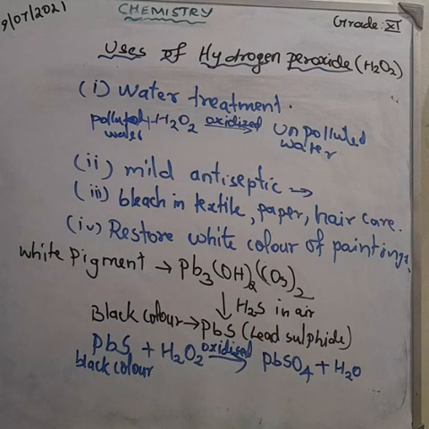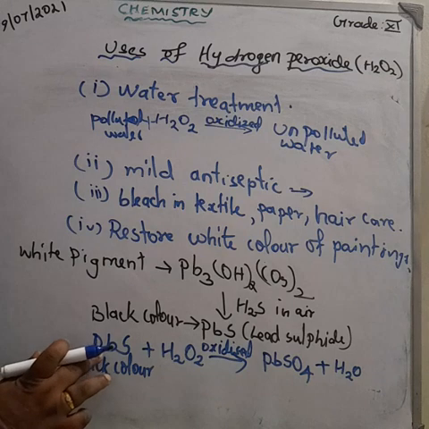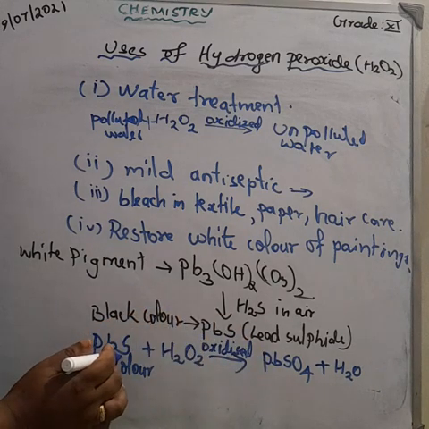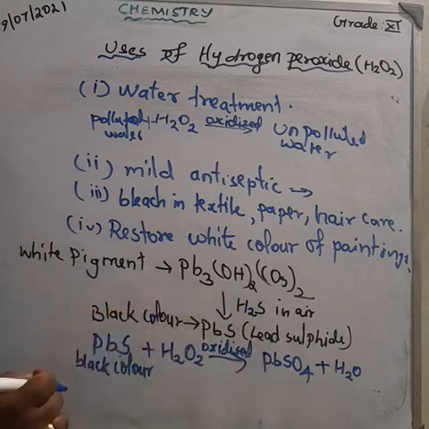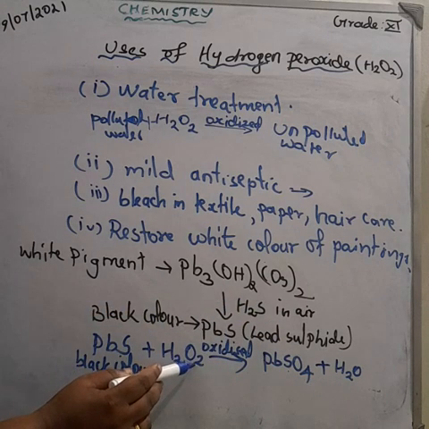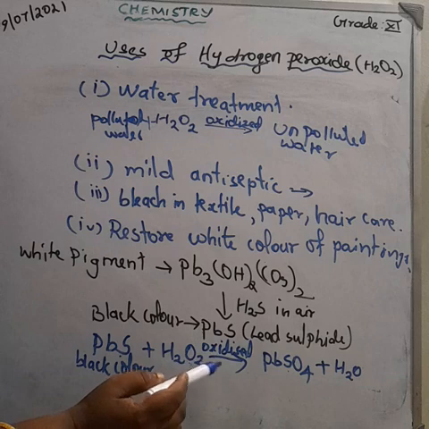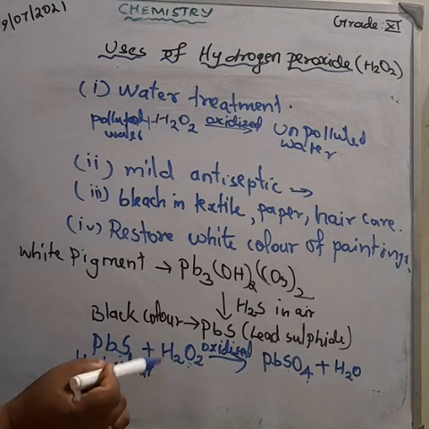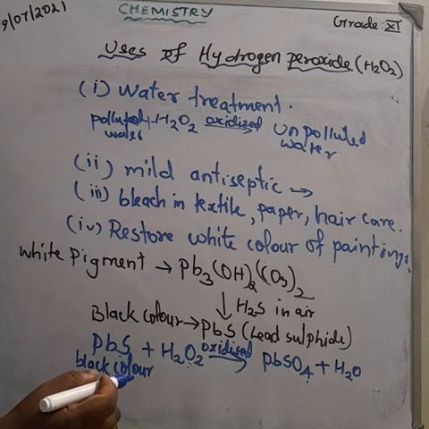Understood? So we have to balance the equation here. One Pb here, one Pb here. Sulfur, only one here, one here. But oxygen: here 4 oxygens, but here only 2. So we have to make it 4 here.